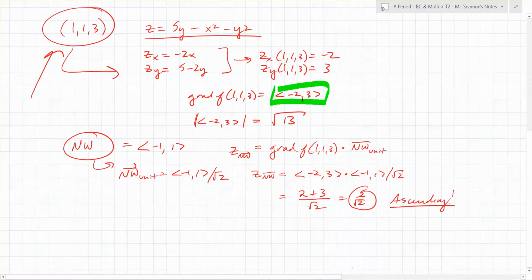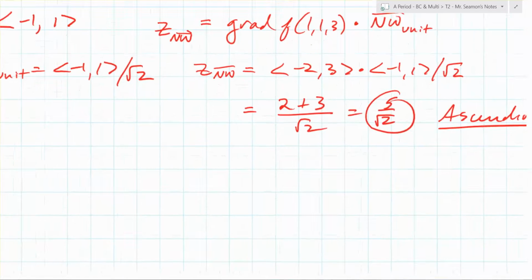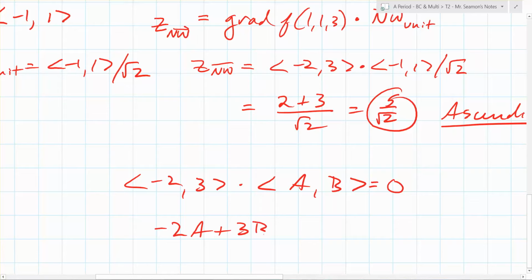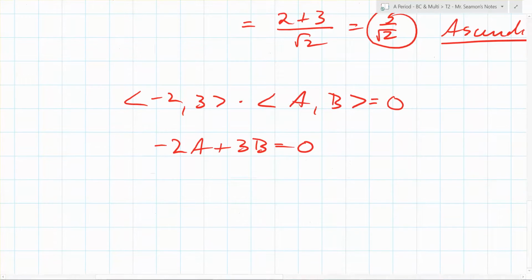Now find out if two vectors are perpendicular. Yeah, so here's the gradient vector, right? Let's say a, b, and the dot needs to be what? 0. So if you do the dot product here, what do you get? Negative 2a plus 3b is 0. And guess what? Maybe you'd be like, man, I only have one equation and two variables, so I can't solve this.